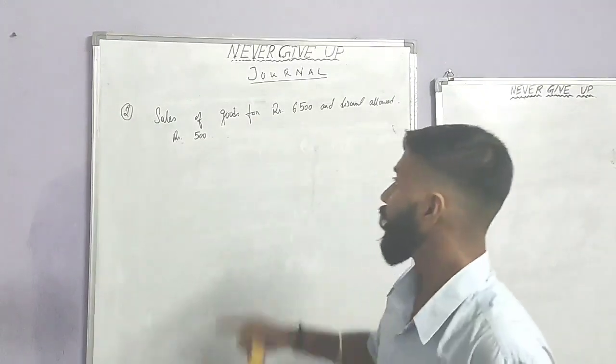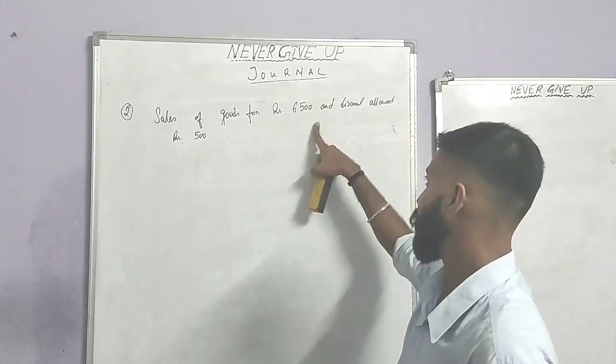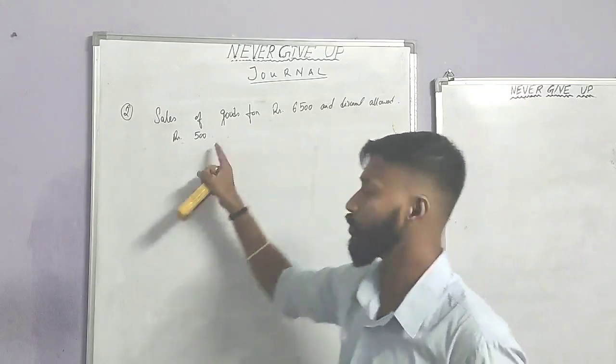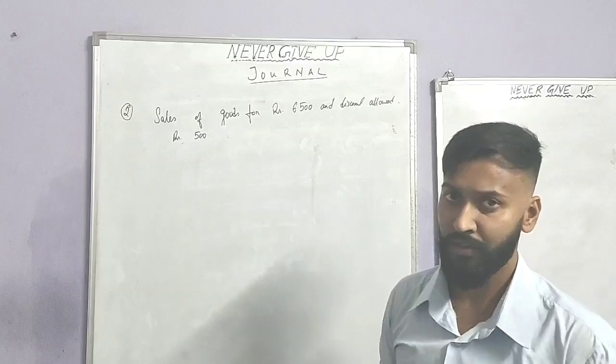So the transaction is: sale of goods rupees 6,500 and discount allowed rupees 500.